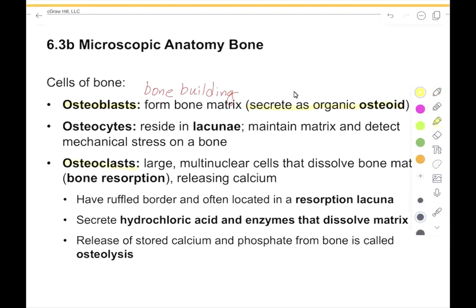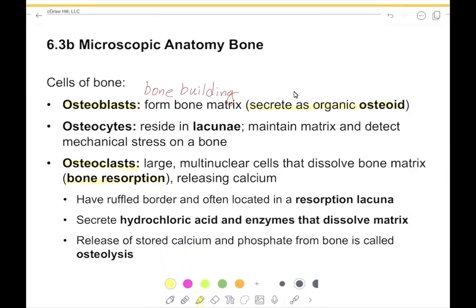The cells that sort of oppose the act of osteoblasts are cells responsible for bone resorption, which is sort of like bone destruction. They dissolve bone matrix by releasing calcium from the bone into the blood. Now, when these osteoblasts develop into mature bone cells, they're called osteocytes, and they're surrounded in a space called a lacuna, or lacunae for plural.